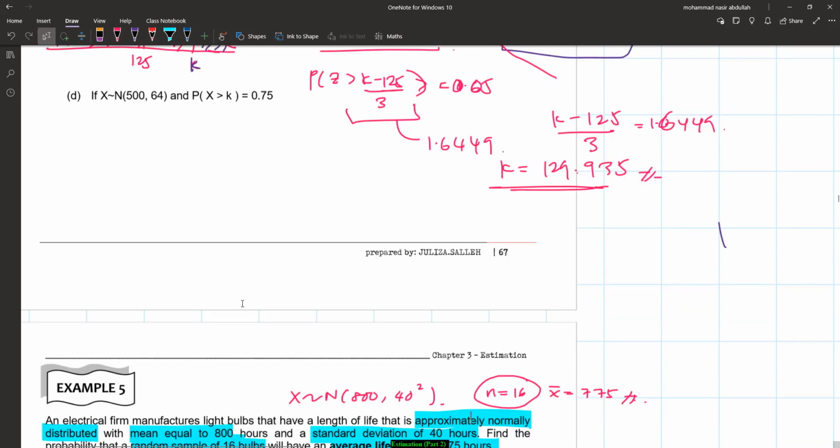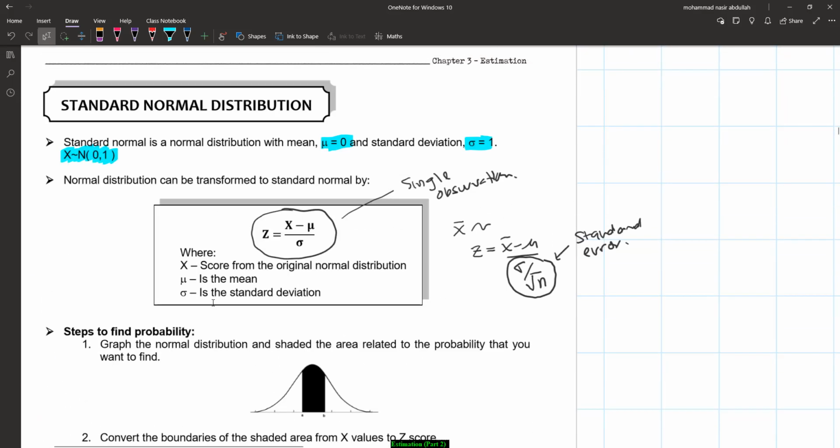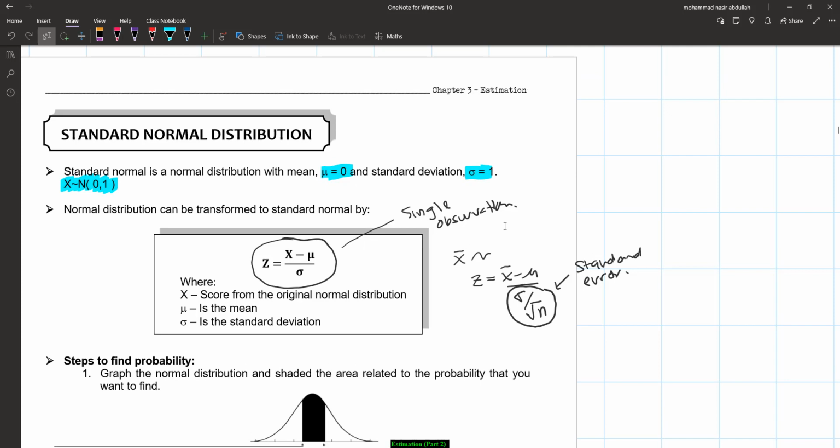Remember, last lecture I already defined to you, this is for a single observation. If you have a sampling distribution, you need to use x bar minus mu divided by the standard error. Last class I told you, if you consider more than one observation, you need to include the standard error in the formula.